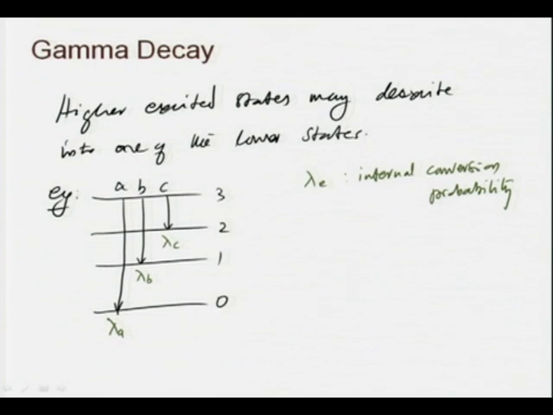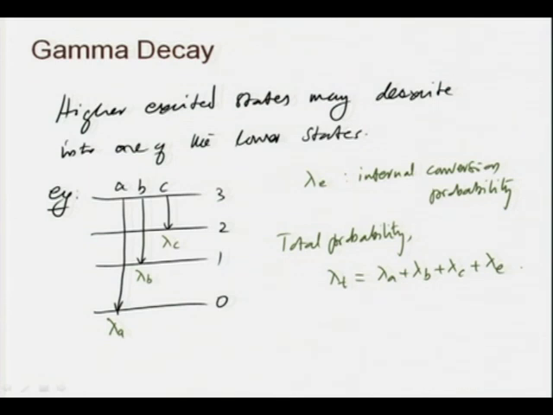Then the total probability, let me denote it by lambda T, is lambda A plus lambda B plus lambda C plus lambda E.